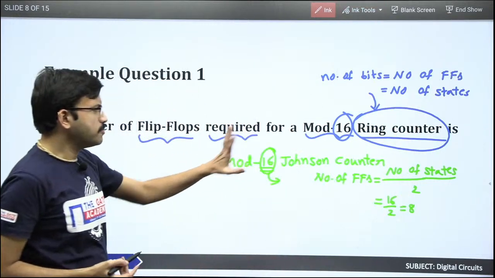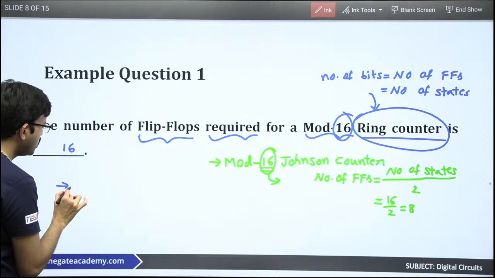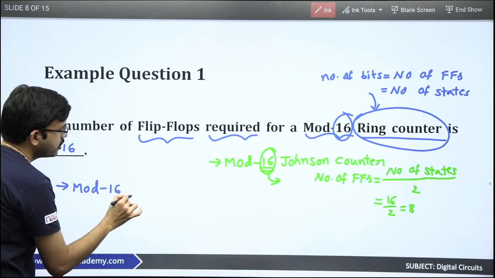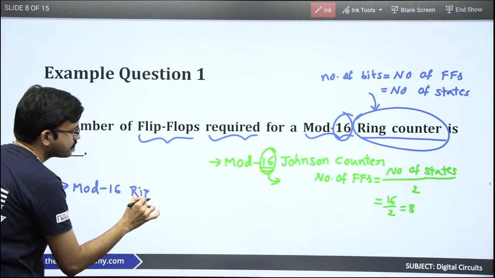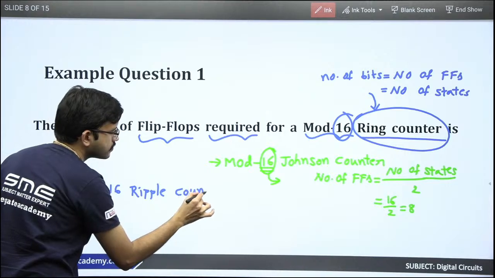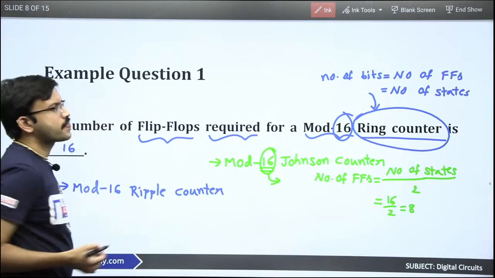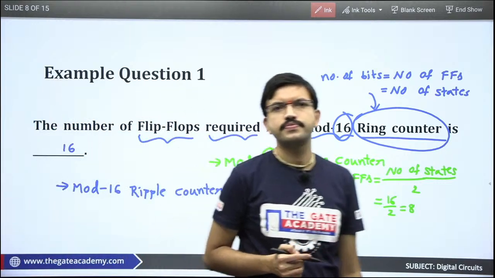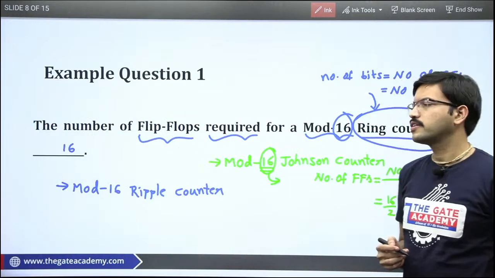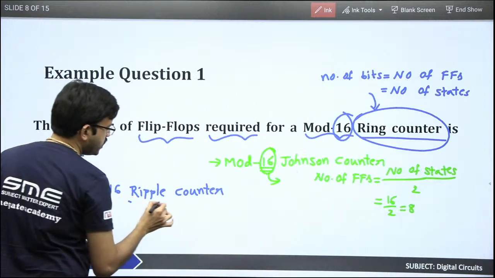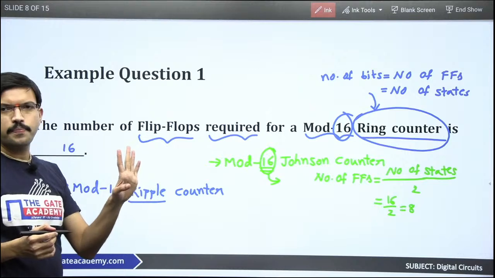If the same question, instead of ring counter, instead of Johnson counter, if they mention ripple counter, then what is the answer? For mod 16 ripple counter, how many flip-flops we require? See, whenever the term ripple is there, that is nothing but binary counter, right?